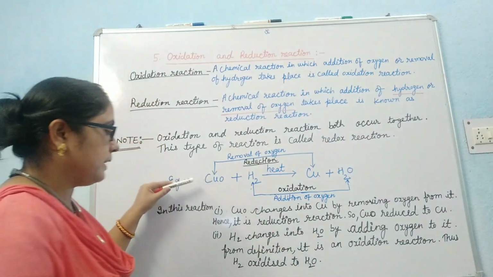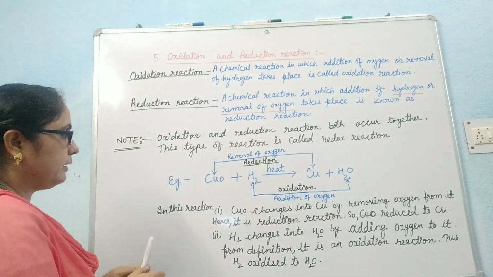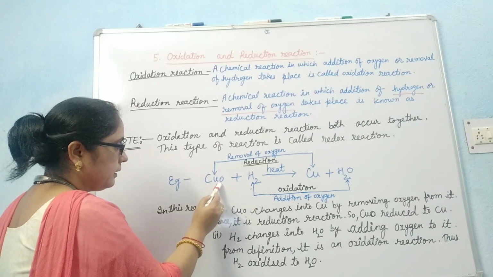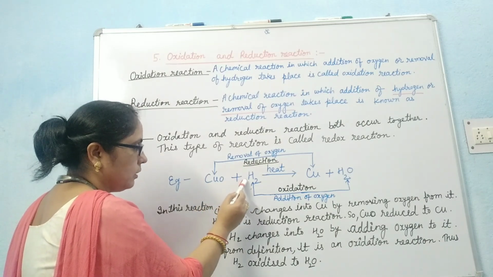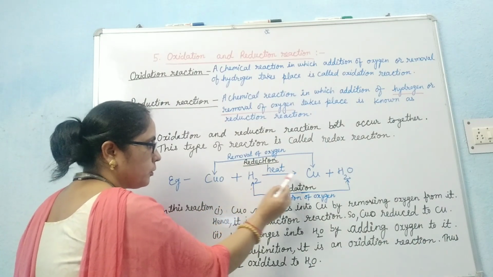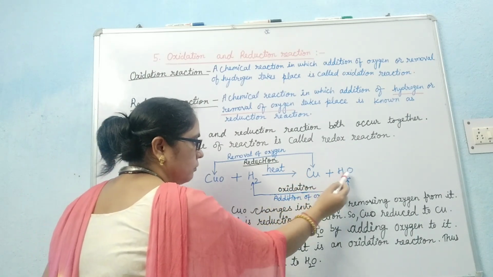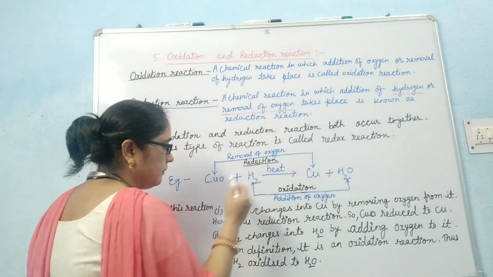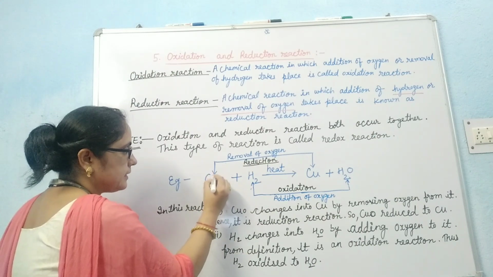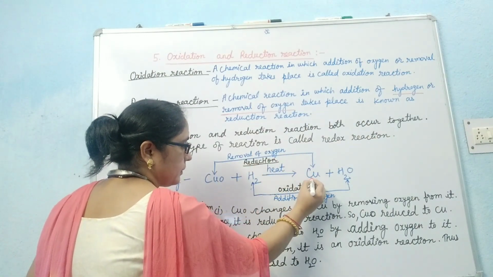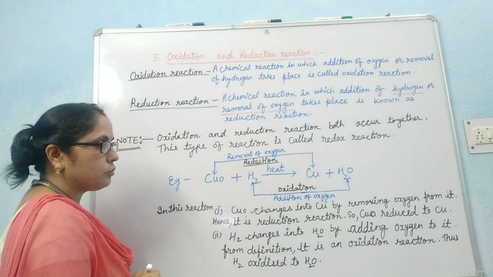With the help of an example, see here, when copper oxide reacts with hydrogen on heating, it produces copper and water. In this reaction, copper oxide changes into copper. How does it change into copper?